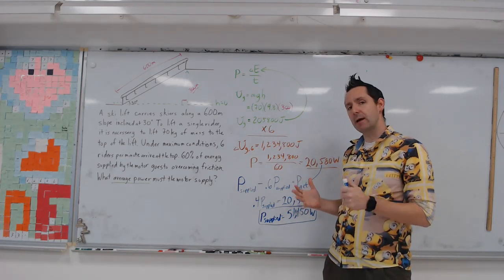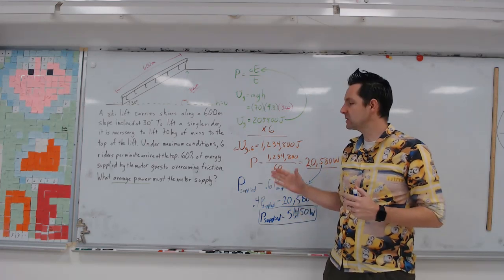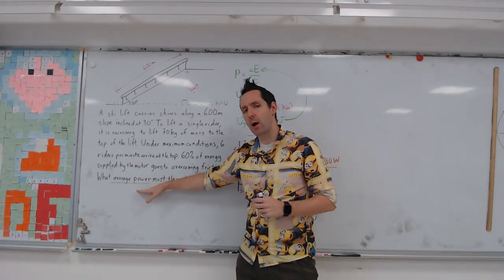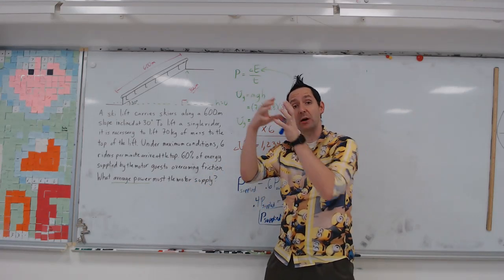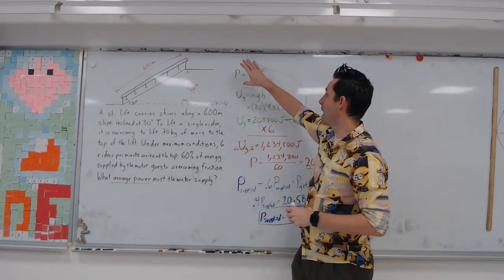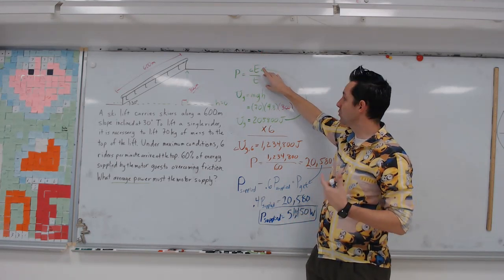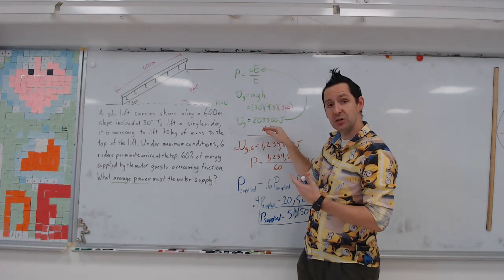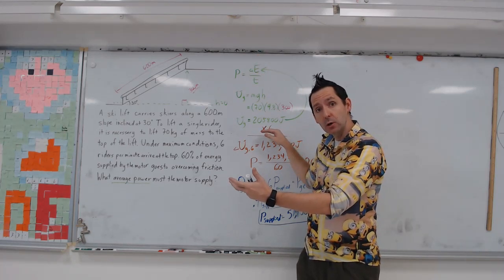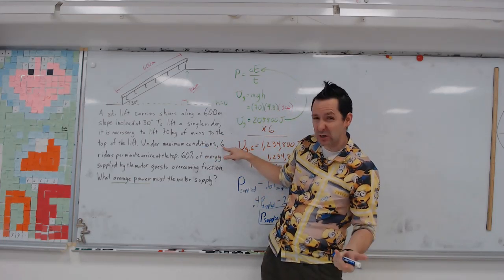Now notice that this time we didn't have to worry about kinematics or forces or anything like that, because the question was directly asking about power. That right there gave us enough to know I need to go straight to power. When I looked at power, I recognized power comes from energy and time, so I'm going to need to find the energy, which I did, the change in energy of one person, which I was able to use once I recognized that I only had time for 6 people.